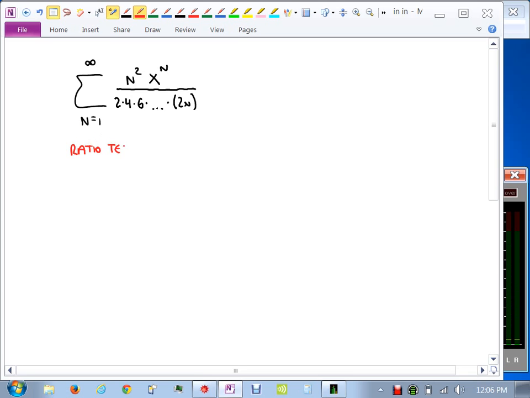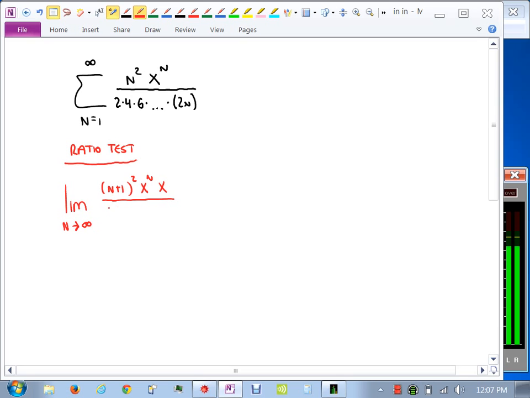Ratio test. So if we do the ratio test here, limit as n goes to infinity, it'll be n plus 1 squared, x to the n times x, all over.